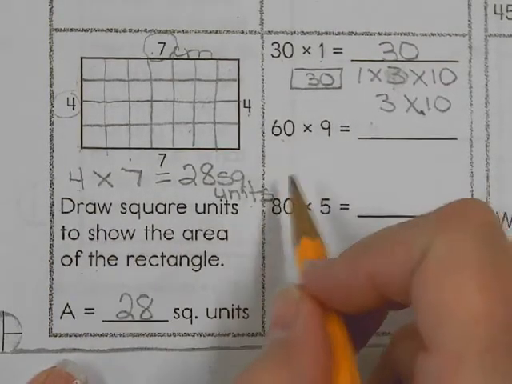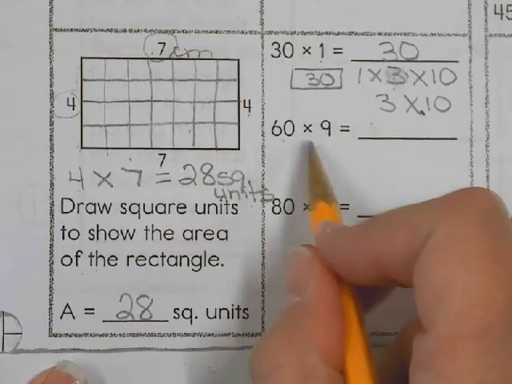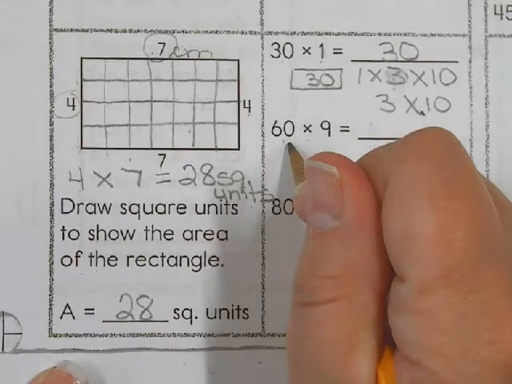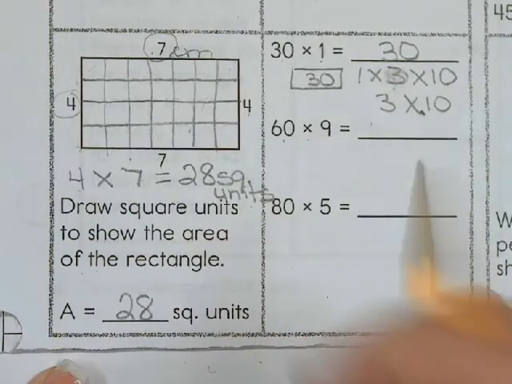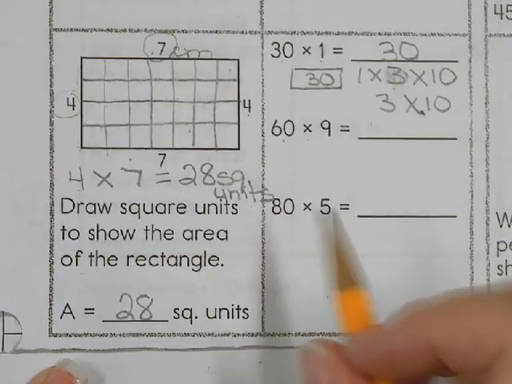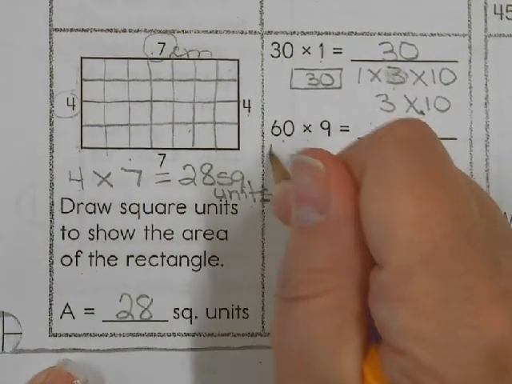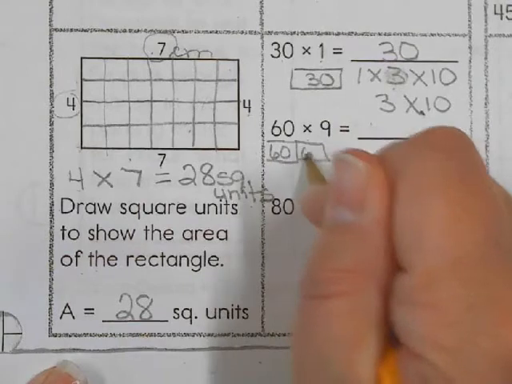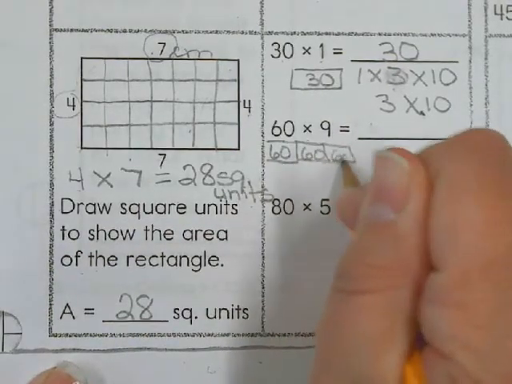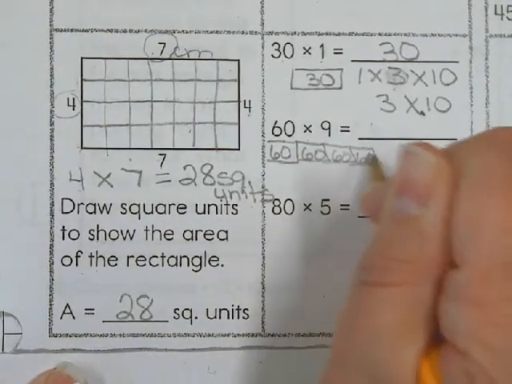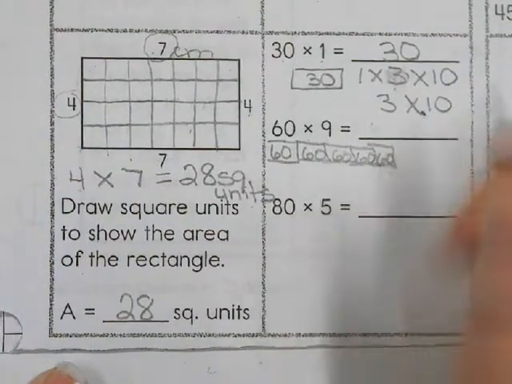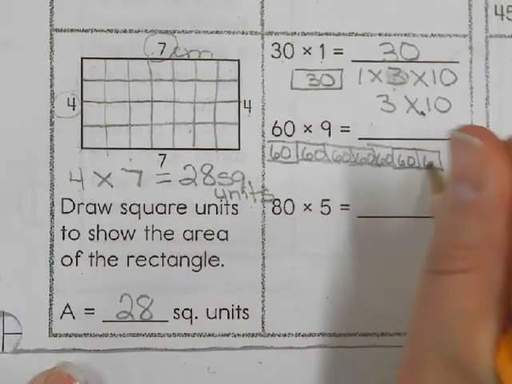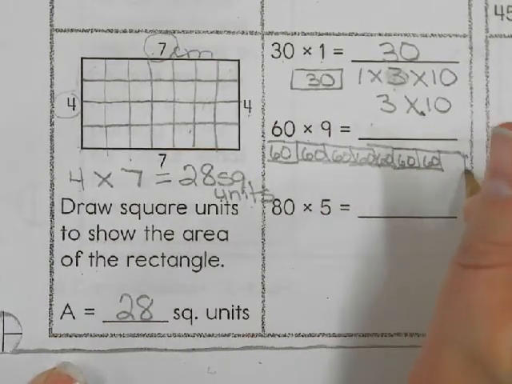In 60 times 9, we have 9 groups of 60, or 60 groups of 9. Much more efficient if we were to add groups of 60. So we could say with a bar diagram, 60 plus 60 plus 60 plus 60 plus 60 plus 60 plus 60 plus 60.